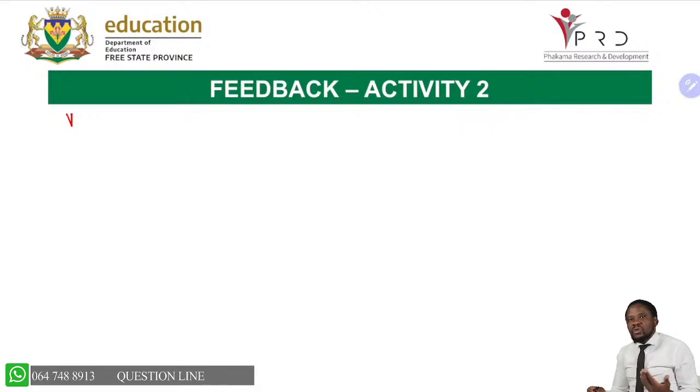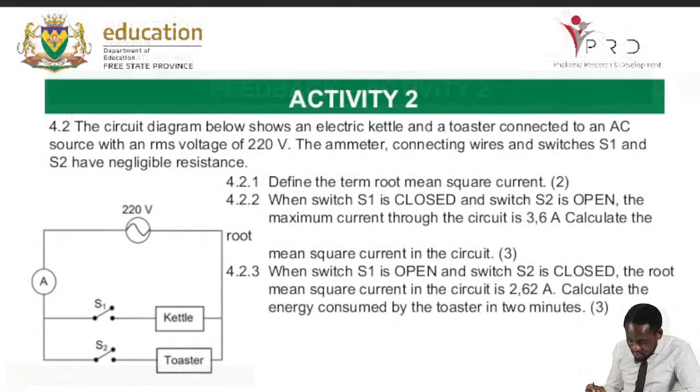Because the toaster is to heat the bread or whatever, the temperature must rise. So this is a resistor that converts electrical energy into heat. We're looking for W. We've got the root mean square current. We also have the root mean square voltage because the toaster is the only device. But then the time must be in seconds. So 2 minutes is 2 multiplied by 60 seconds, which is equal to 120 seconds.